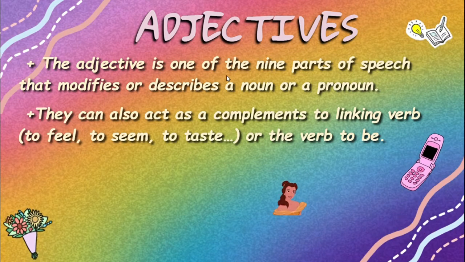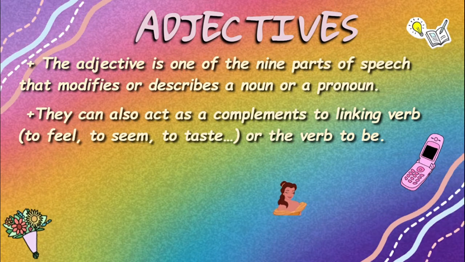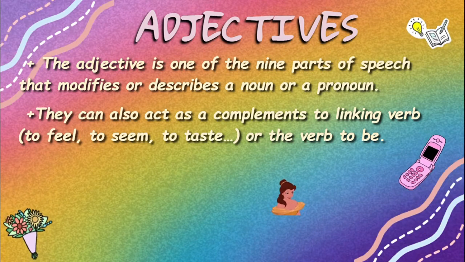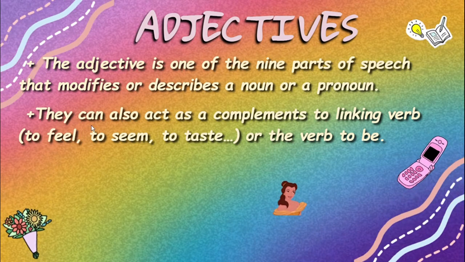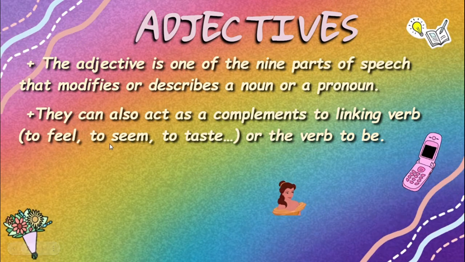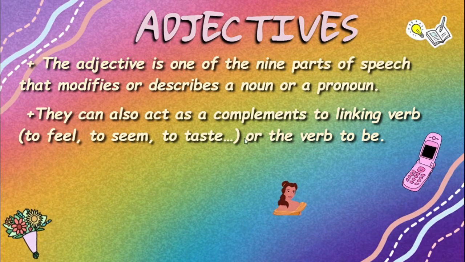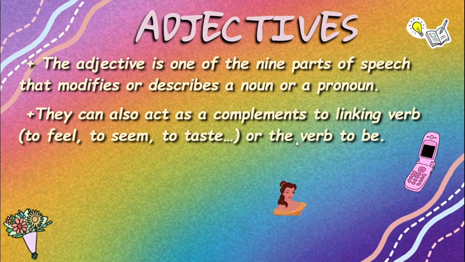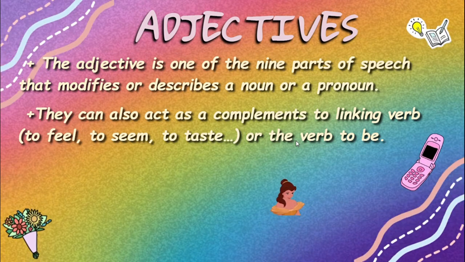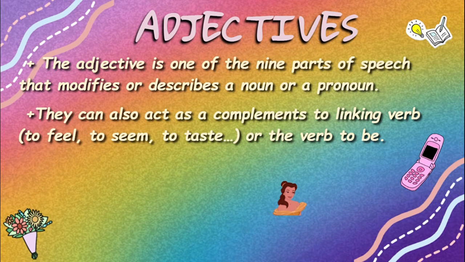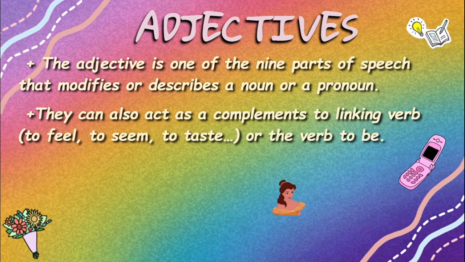They can also act as a complement to a linking verb. Some of the linking verbs are to feel, to seem, to taste, or the word to be. Remember, the verb to be functions as a linking verb.